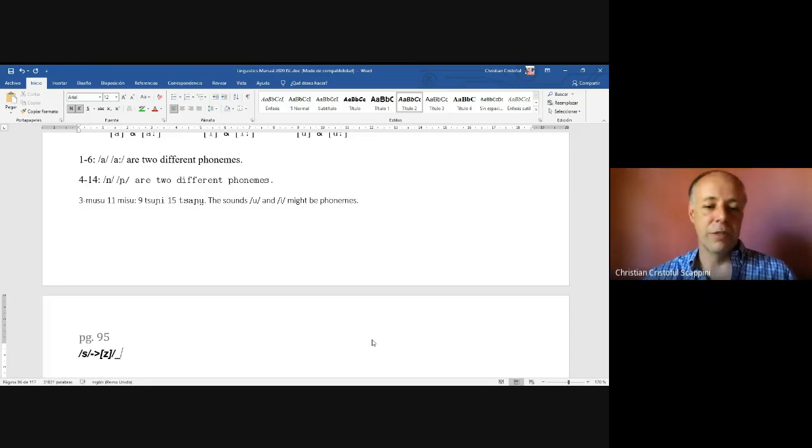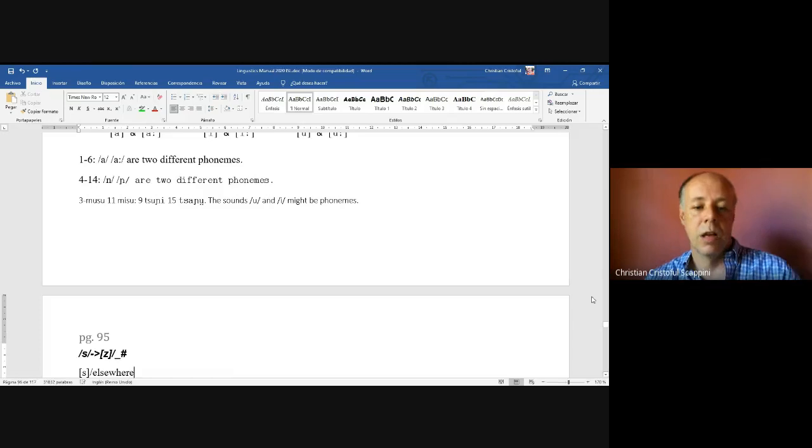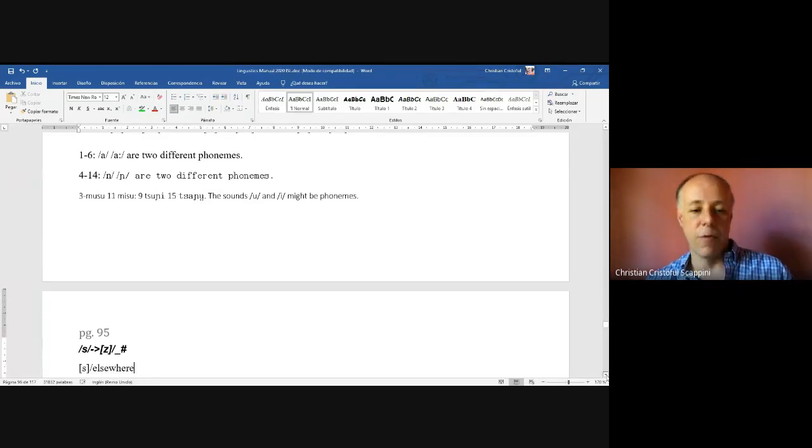But this word is in word final position. And the S occurs in two different environments, intervocalic position and also beginning of the syllable, which I write as elsewhere. And I chose the elsewhere to be the phoneme.